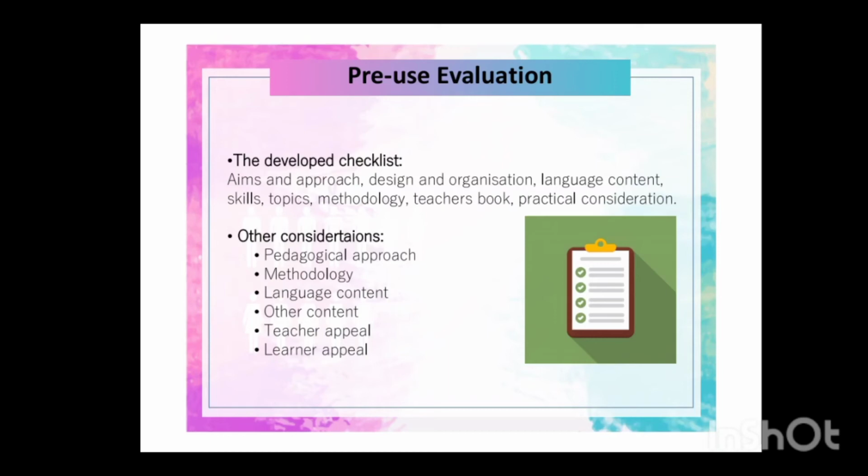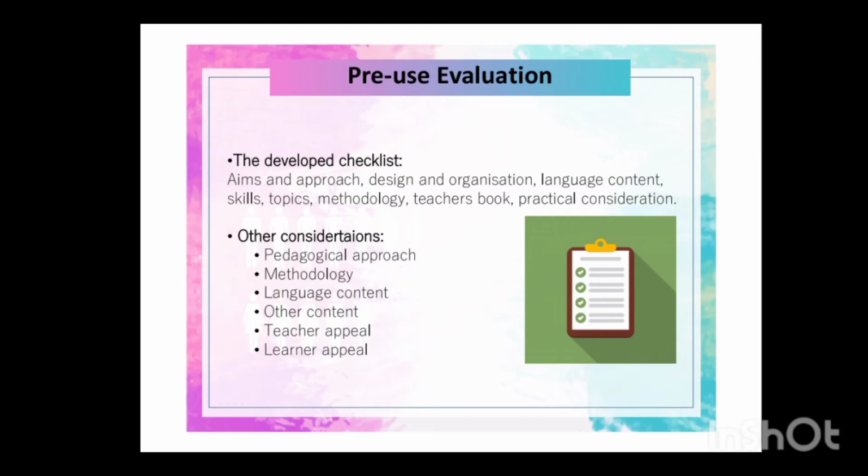And then, regarding other content, we can check the cultural things given in the textbook, whether they are relevant to our students or to the topic or course of our study.